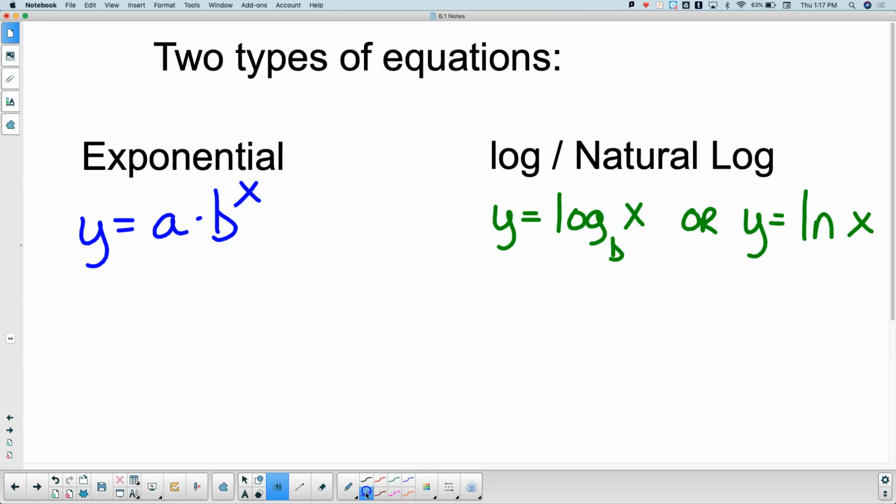Now, natural log is just log base e. E is a special number in math. It's 2.718289828154, I think.